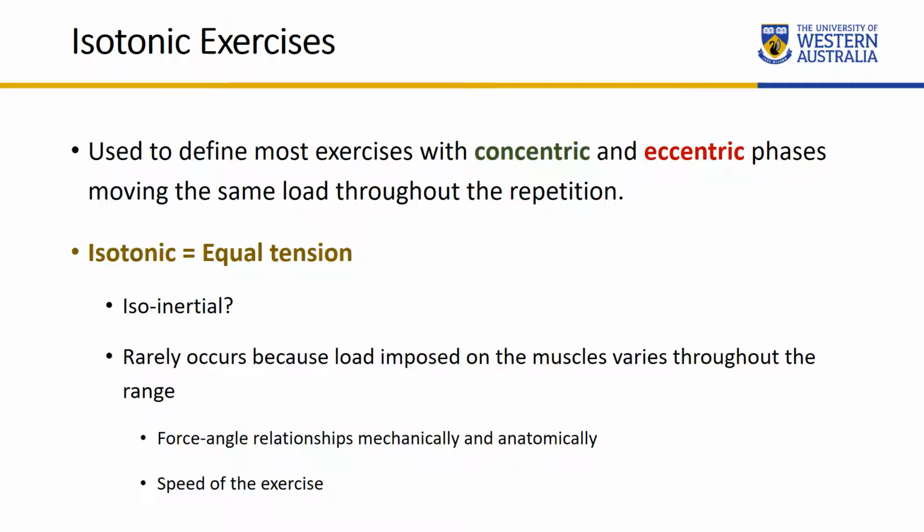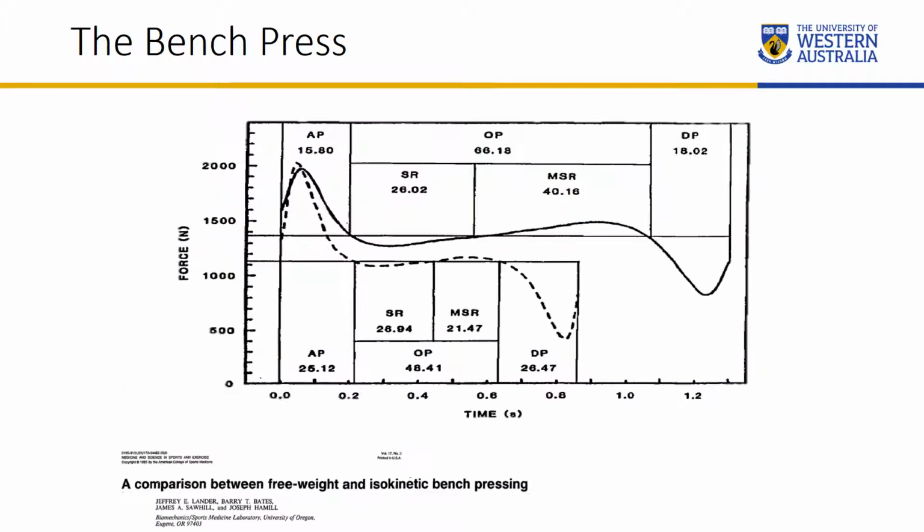It has been suggested that the word isoinertial is a more accurate description of this type of movement. However, that word is rarely used, or probably never used, in general discussion of this type of exercise.